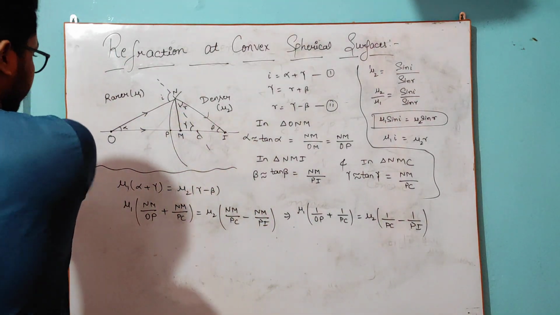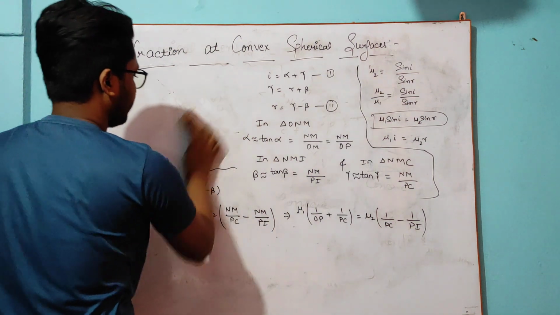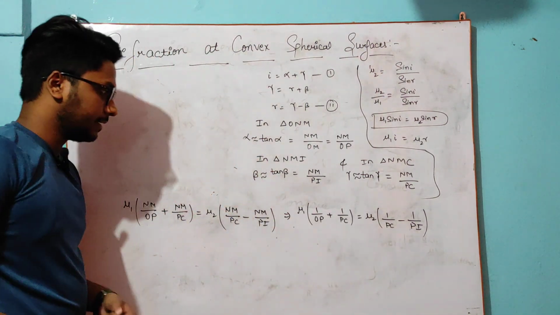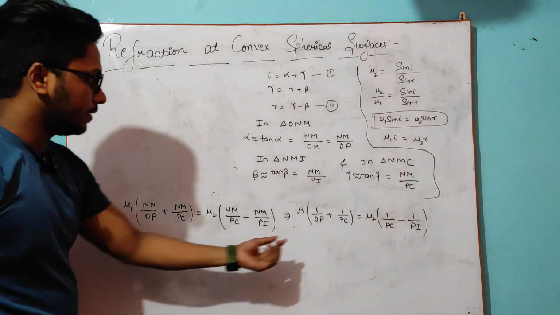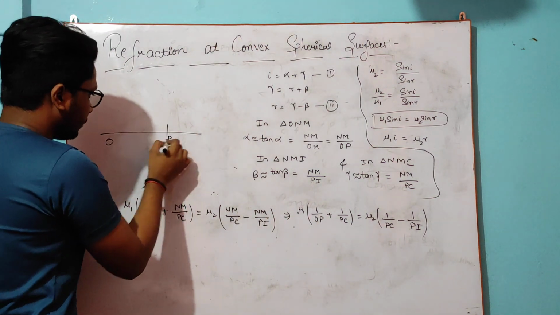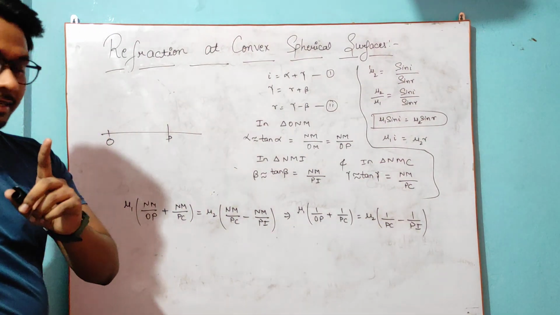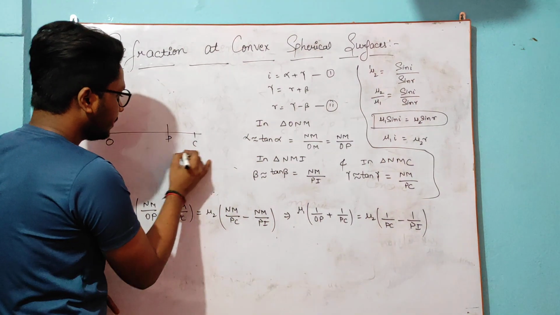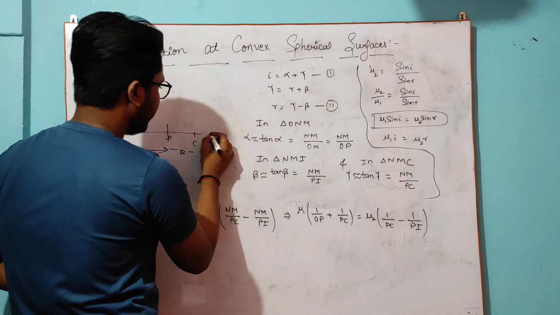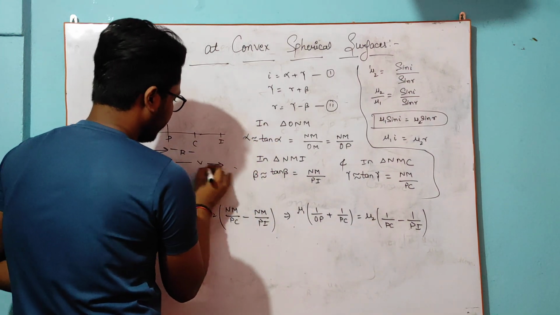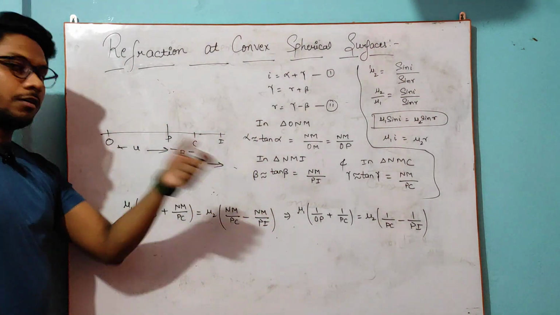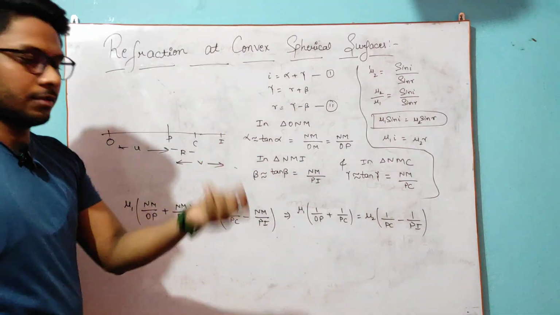Now, we have the figure here. This is P, the pole. OP is the object distance, PC is the radius of curvature, and PI is the image distance, that is V. OP, the object distance, is taken to be negative because it is to the left of the convex surface.